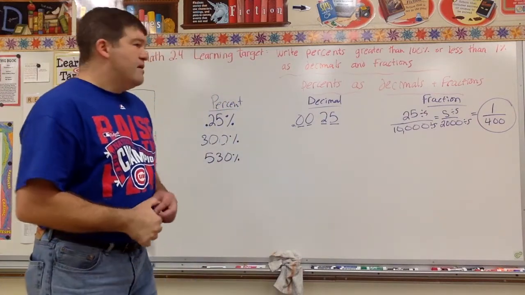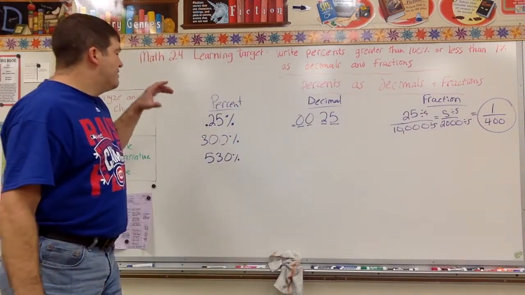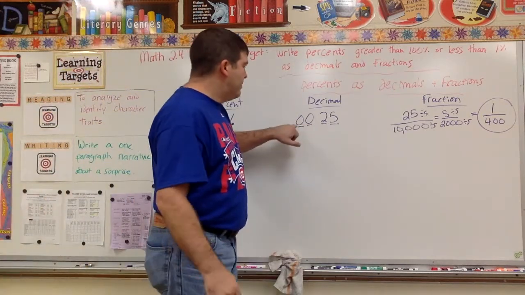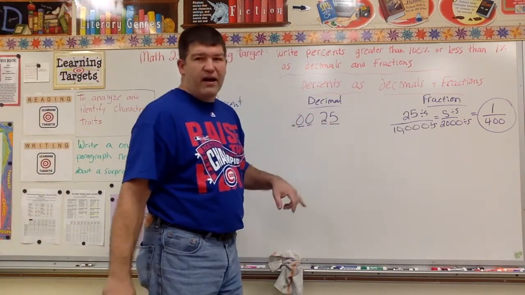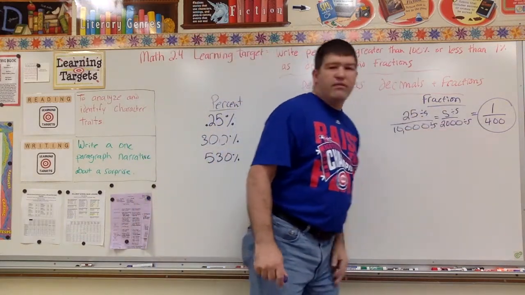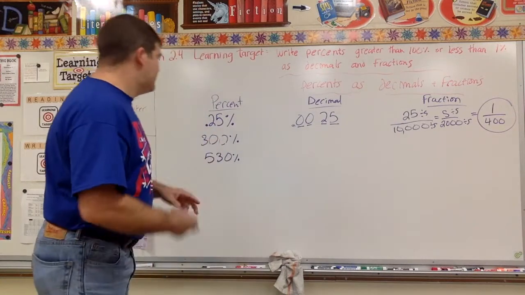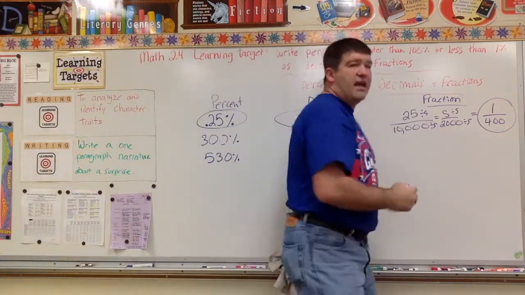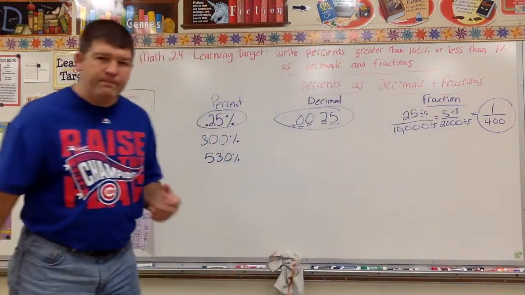Okay? So, I took it from 0.25%, really small, to the decimal 0.0025, really small, and then 1 over 400. So these three are exactly the same amount of something.